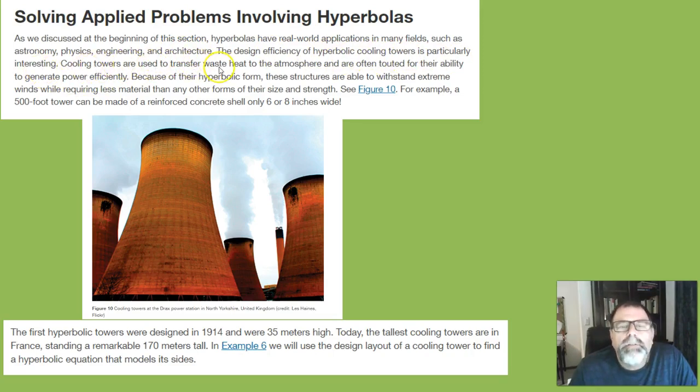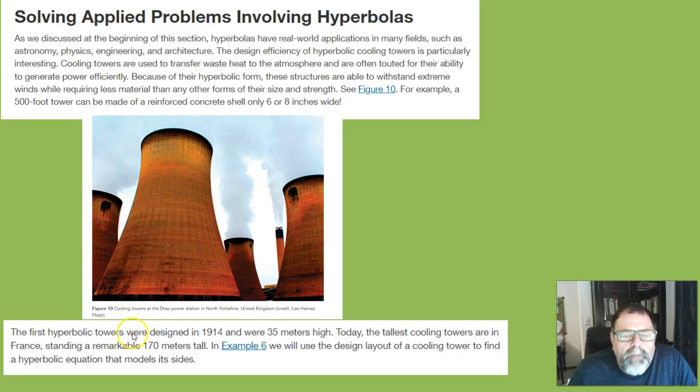Cooling towers are used to transfer waste heat to the atmosphere and are touted for their ability to generate power efficiently. Because of their hyperbolic form, these structures are able to withstand extreme winds while requiring less material than any other form of their size and strength. See Figure 10 for an example: a 500-foot tower can be made of a reinforced concrete shell only 6 or 8 inches wide. So very efficient design.